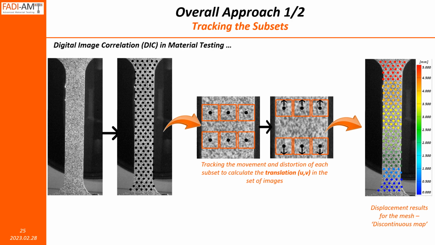These xy coordinates, in other words, give the translation of those local points or the mesh points on the sample. Now these displacement results coming from the mesh form a discontinuous map of displacements on the sample for all the points in the DIC mesh.